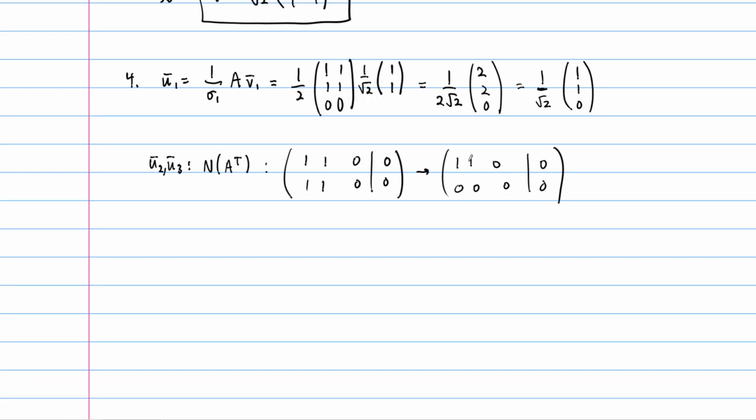Well, basically, if we call these X1, X2, X3, X1 has to equal minus X2. X2 is free. And X3 can be anything. X3 is free because 0 times X3 is 0. It doesn't matter. So X3 is free.